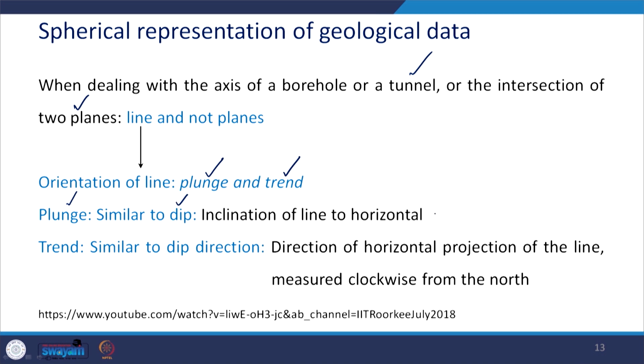This is the inclination of the line to the horizontal, and trend is similar to dip direction, which is the direction of the horizontal projection of the line, measured clockwise from the north. For more details, you can refer to this link.